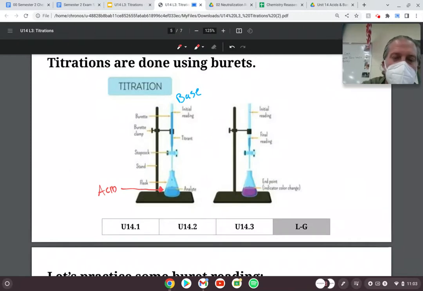What we are not going to know is the concentration of the acid. So it's going to be an acid of unknown concentration, and I'm going to put big M in parentheses because molarity means concentration.